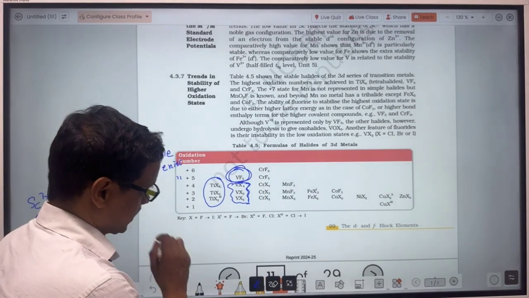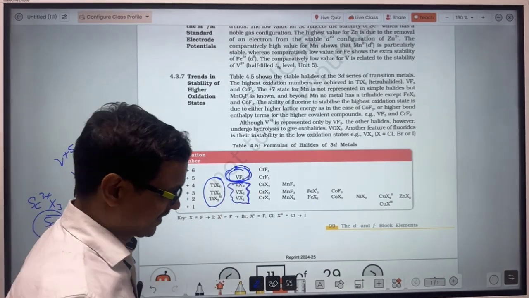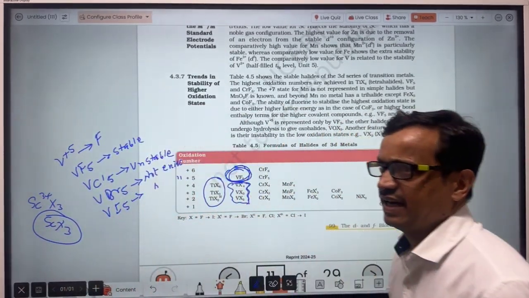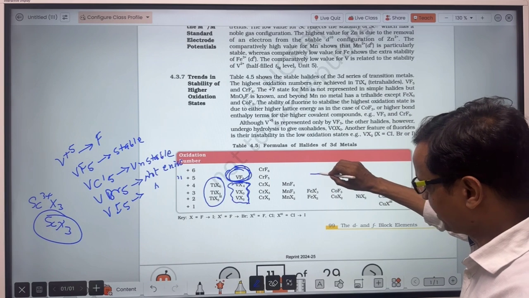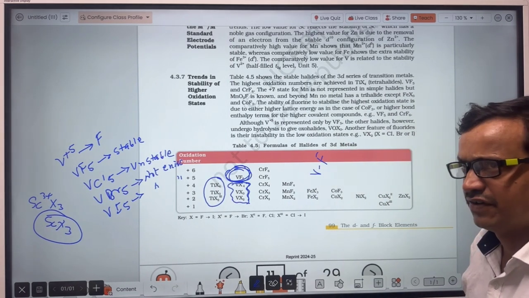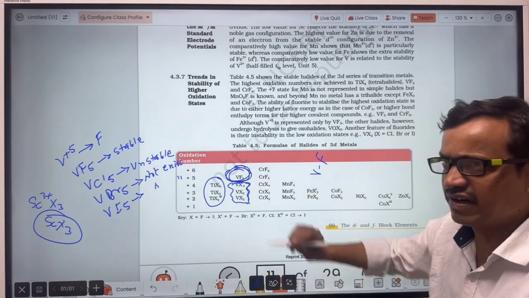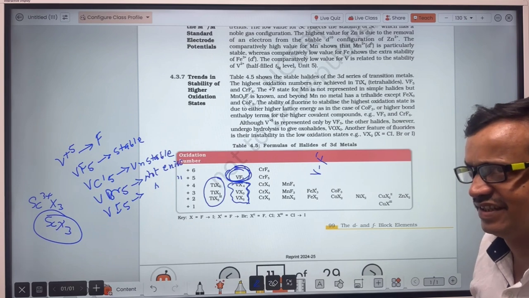And why with fluorine only? Because the bond enthalpy of the V-F bond is high, while the bond enthalpy with other halogens is less.